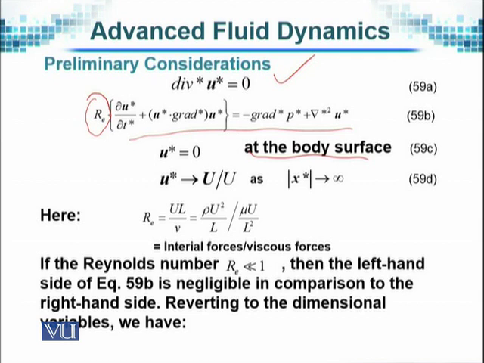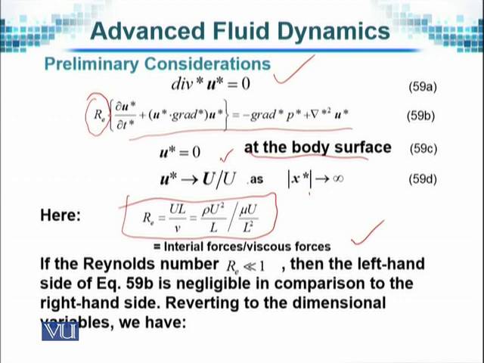And the velocity u over U, as x tends to infinity, will tend to some number. Then the Reynolds number is this quantity which we have mentioned many times, and we have described also here as inertial forces over viscous forces.